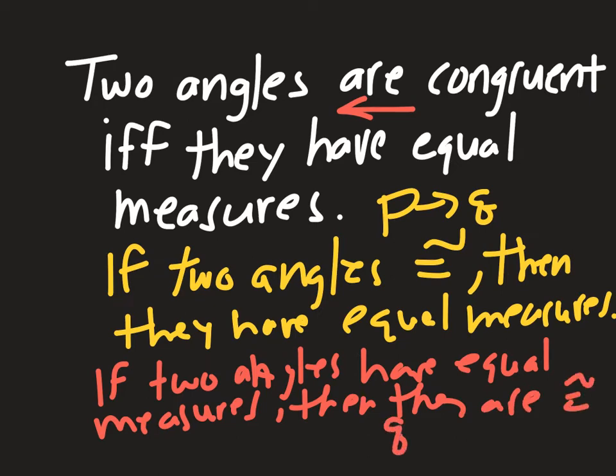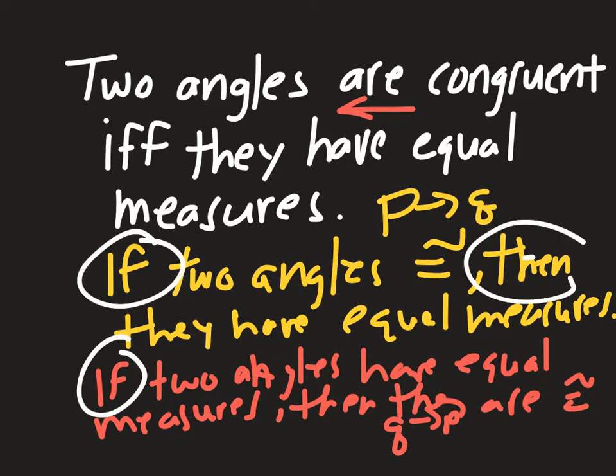So this is the Q implies P. We split the biconditional into the two separate conditional statements. Notice the form: when I'm writing the conditional, they start with if and they have the then, right? But in the biconditional, instead of the if and the then, you have the IFF in the middle. So two angles are congruent, they have equal measures, separated by the if and only if.